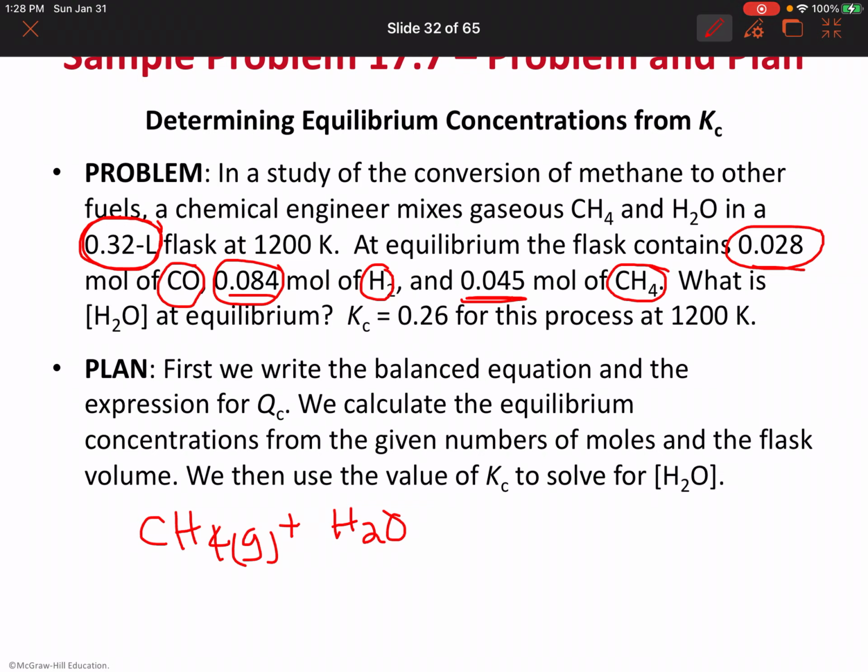So we can find out the initial amount of methane, and also we were given the equilibrium number of moles of methane, so we can find out the equilibrium concentration. What is the water concentration at equilibrium? Okay, and Kc is given for this process.